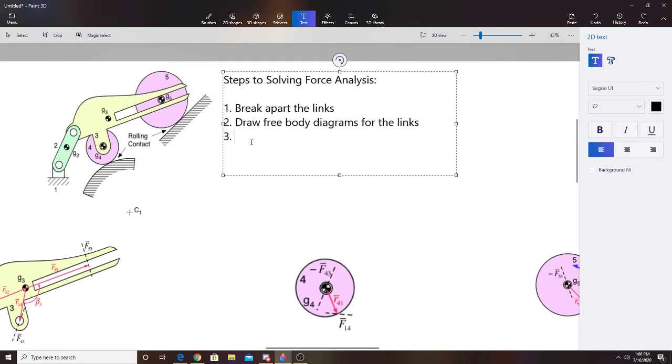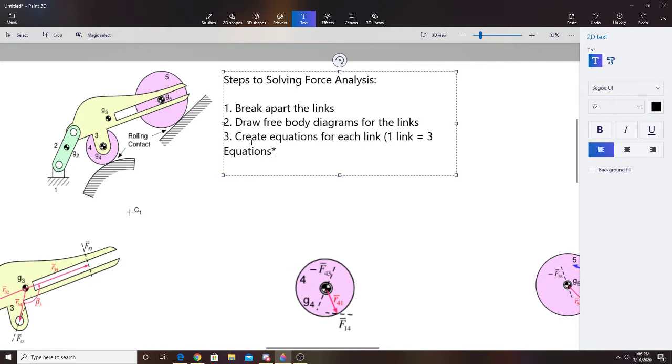The third one is what? Start making equations. So yes, once the free body diagrams have been properly done, you can start looking at your equations. So create equations for each link. One link equals 3 equations.